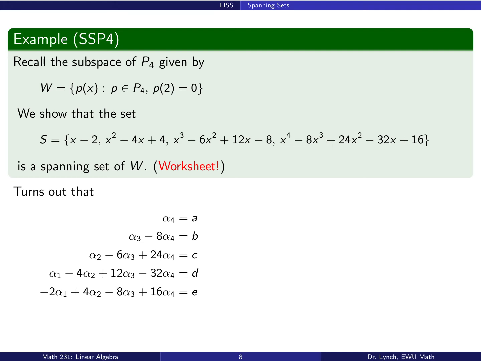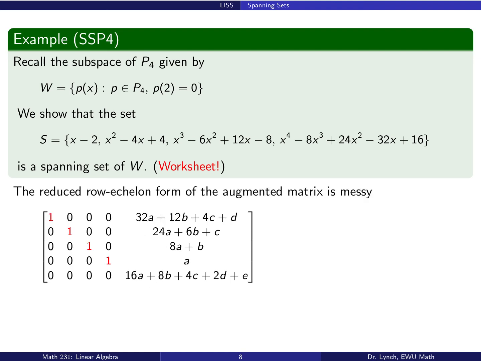So whatever R is, some quartic. Now, as it turns out, and you'll have to work this out, when we go to write R as a linear combination of the elements in S, we come up with a non-homogeneous linear system. Now, this non-homogeneous linear system is a little bit annoying, but at the end of the day, when you identify the coefficient matrix in reduced row echelon form, it turns out that you get this matrix.